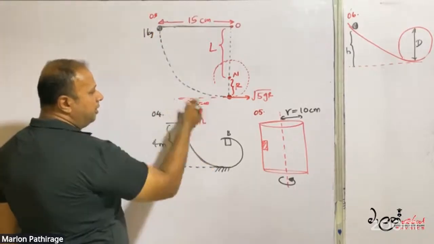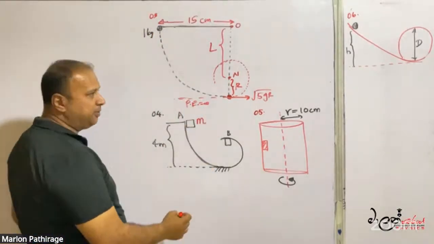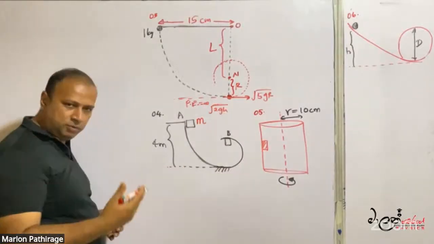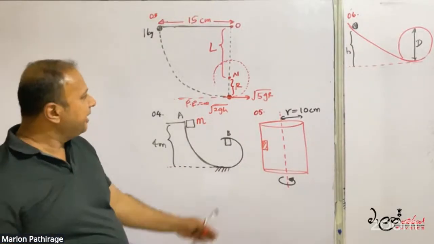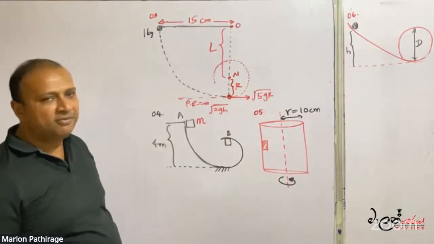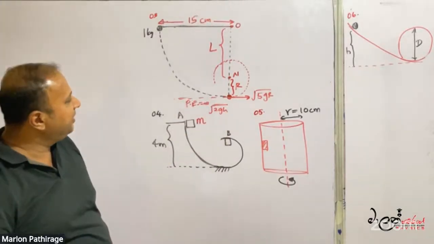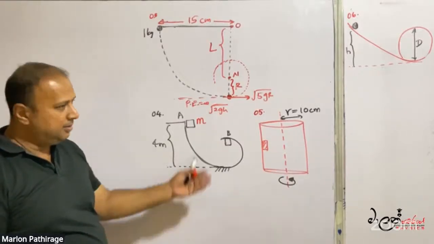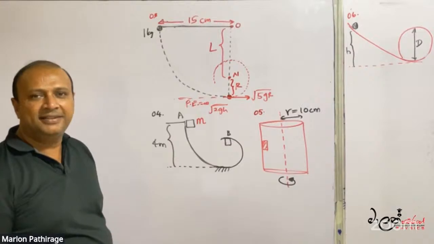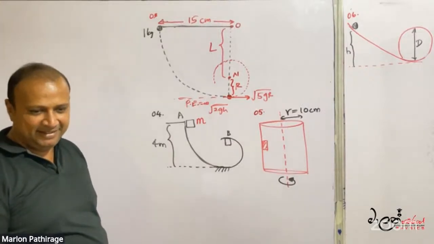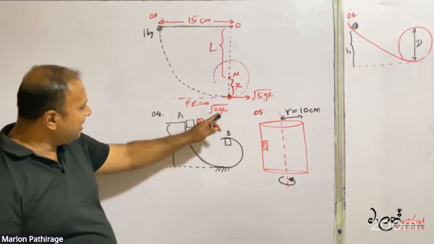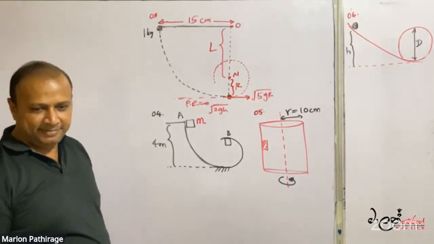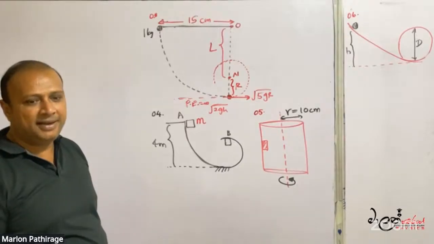Therefore, the velocity at this position should be equal to square root of 2gh. H is equal to 15. Because square root of 2gh should be equal to square root of 5gr.